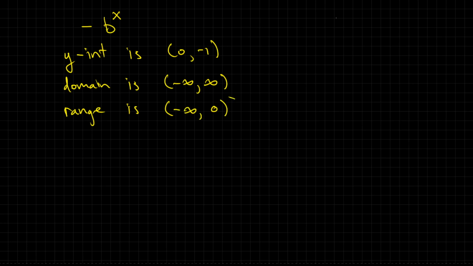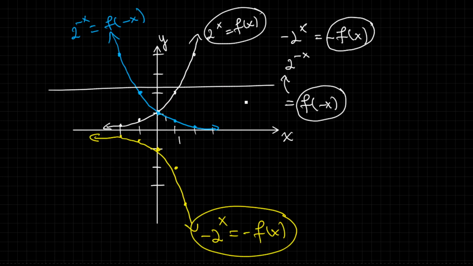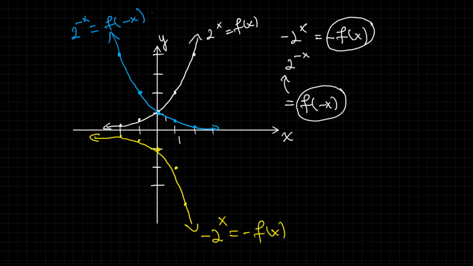And again, this is just another way of saying all of the negative numbers, which should make some sense also because, well, what are we doing? We're taking all of the y values and putting a negative in front of it. So that makes sense that the range would be, instead of all positive numbers, all negative numbers.